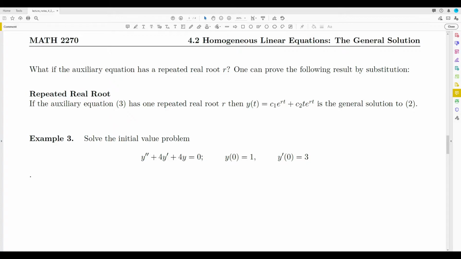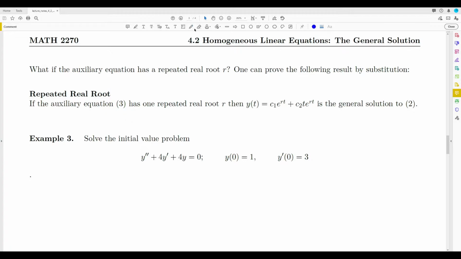If the auxiliary equation has one repeated real root r, then y of t equals c1 e to the power rt plus c2 t e to the power rt is the general solution to the differential equation.